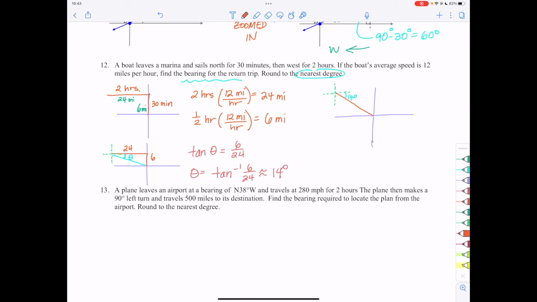Now we are looking for this angle right here, because this angle will be east of south, and that angle is 90 minus 14 degrees, and we come up with 76 degrees. So we have south 76 degrees east.